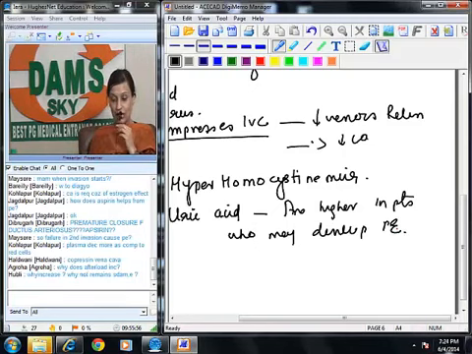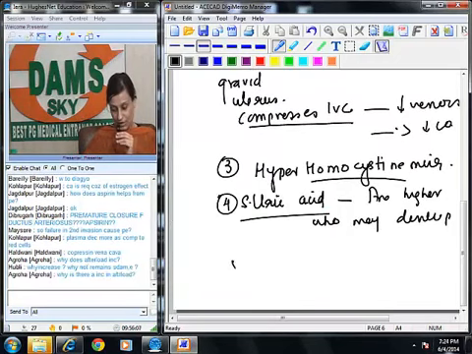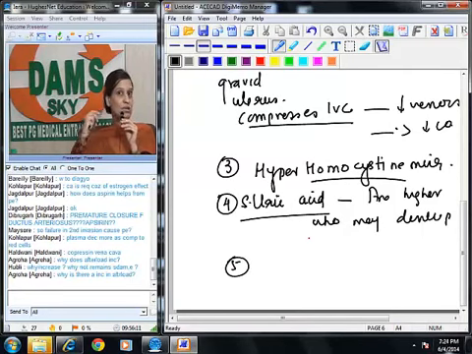So the blood pressure in these patients, instead of falling, rises, right? So next we said was hyperhomocystinemia, and still next we said was uric acid. The next predictor of preeclampsia is going to be the next.